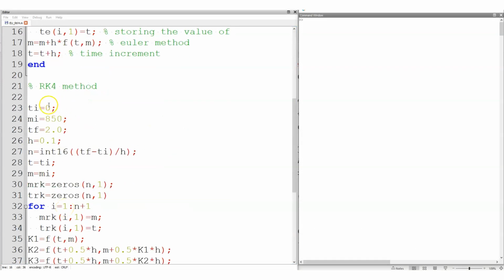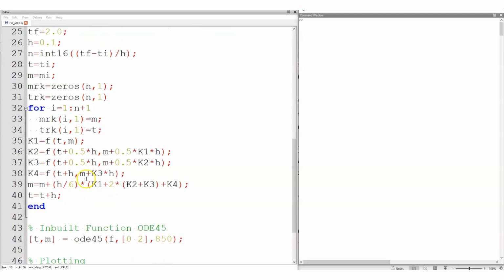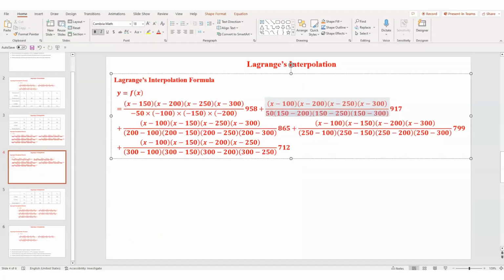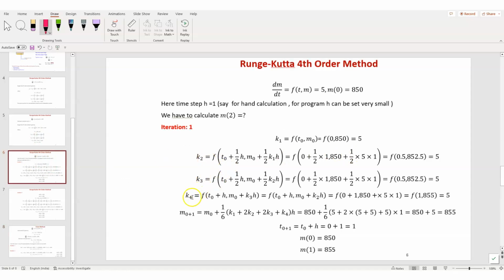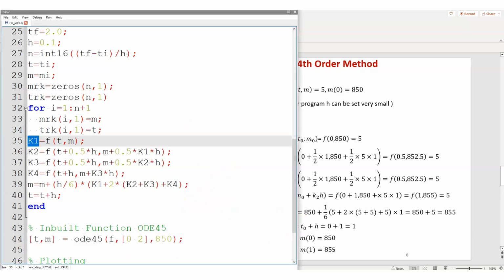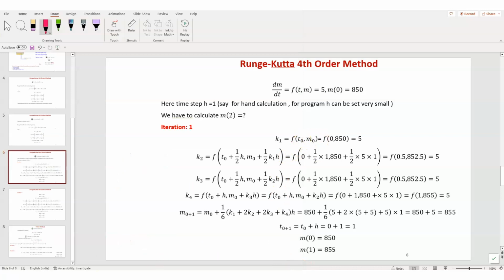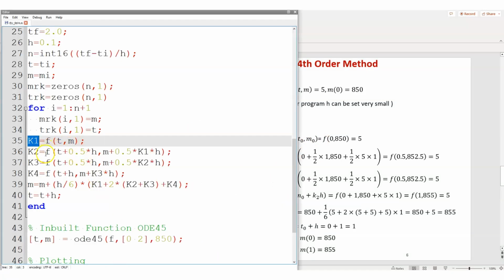Similarly, for the RK method, again we are taking all these values, n is an integer, and again similar storing. Now here I am calculating k1, k2, k3, k4 and m. Here we calculate k1 is equal to f(t0, m0), then k2 is f(t0 plus 0.5 into h, m0 plus 0.5 into k1 h), k3 is f(t plus 0.5 into h, m plus 0.5 into k2 h).